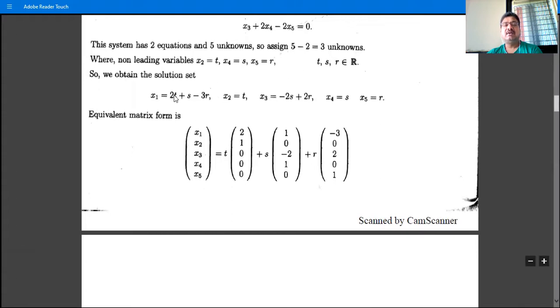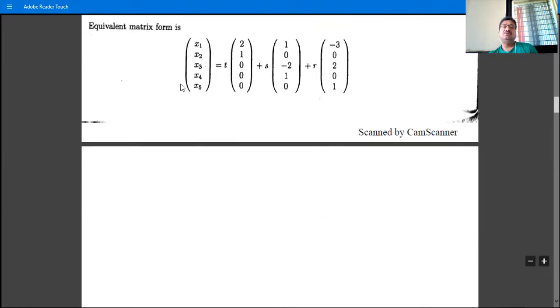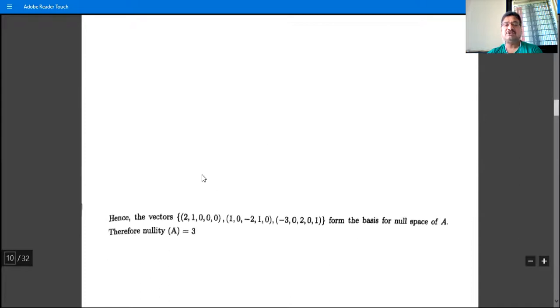What is the coefficient of t? 2, 1, 0, 0, 0. The coefficient of s: 1, 0, minus 2, 1, 0. And the coefficient of r: minus 3, 0, 2, 0, 1. So we have the solution in the matrix form.